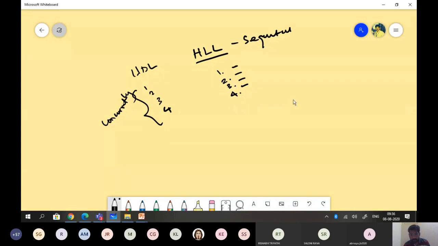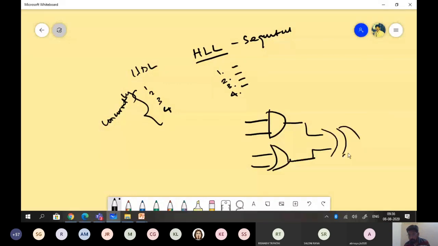If you see this example, I'm having A, B, and then C and D. This gate and this gate can process in parallel. When I provide A and B, this gate starts working. It will take the input and evaluate its output.